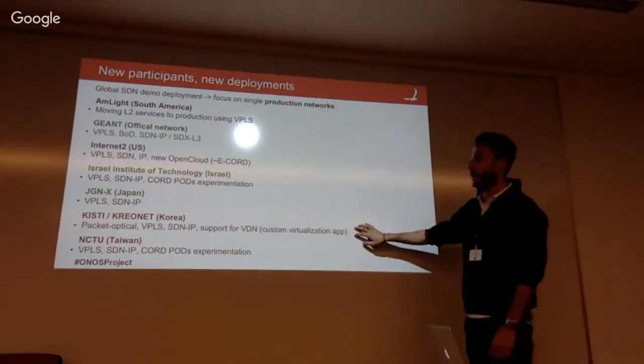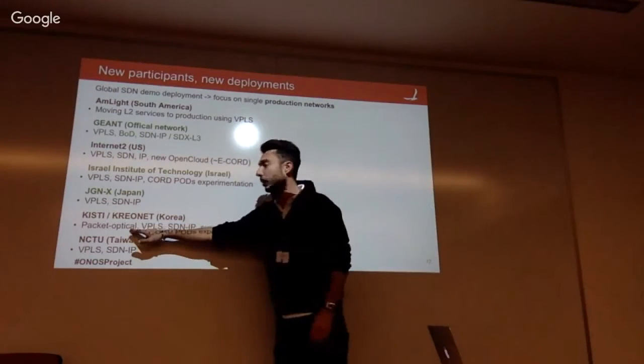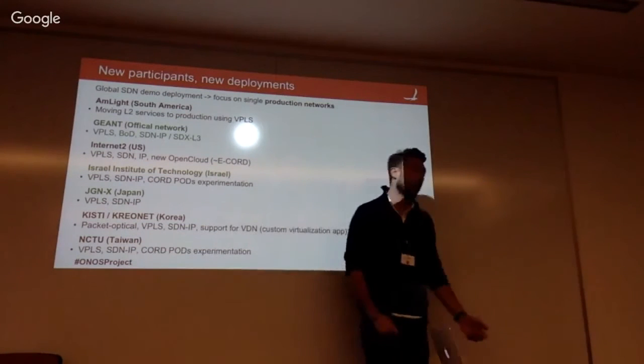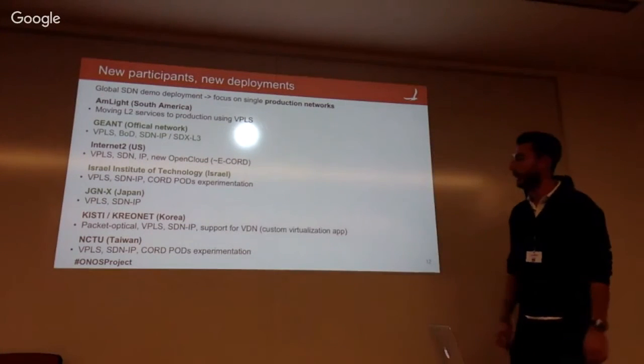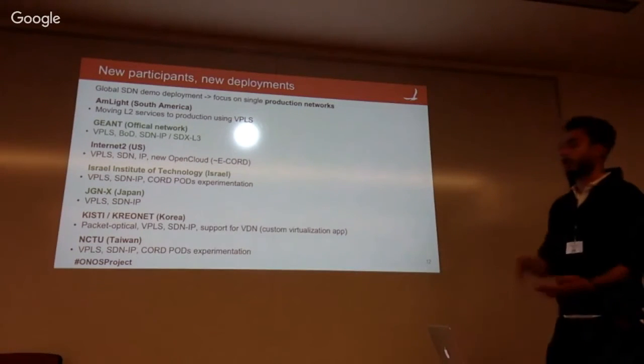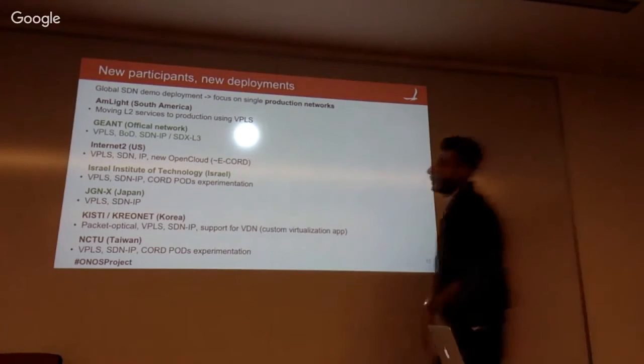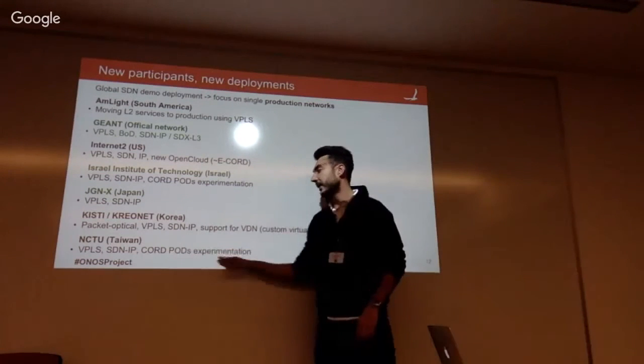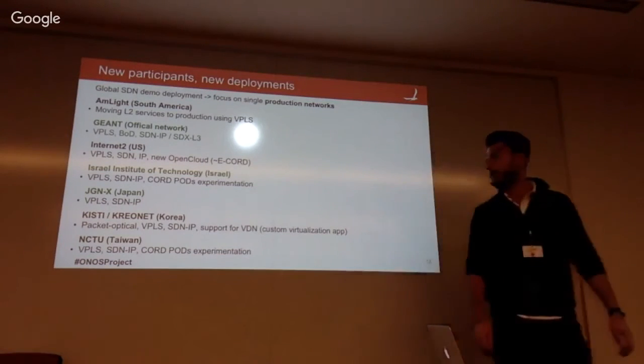KISTI and KREONET will soon deploy also packet optical, and they want to have it in production by 2017. And we are doing a great work with NCTU in Taiwan, where they are working with VPLS, SDN-IP that have been already deployed, plus some more POD experimentation.